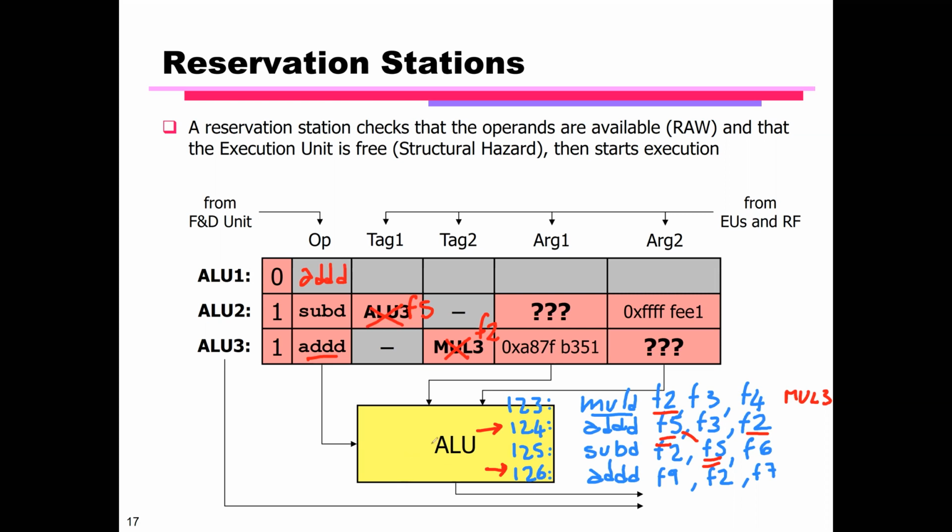One is F2 with a dependency, from the sub_d, so I write, as we promised to do, F2, and it has F7, which is ready and has no dependence. So F7 is a number that I get from the register file, so 1, 2, 3, 4, or whatever it is, right? So there is no argument 1, there is no tag 2.